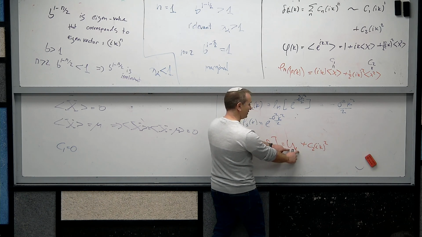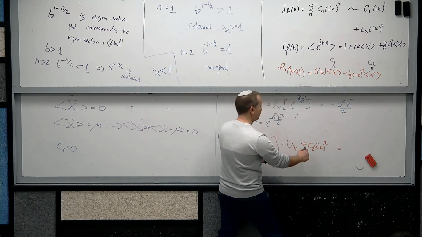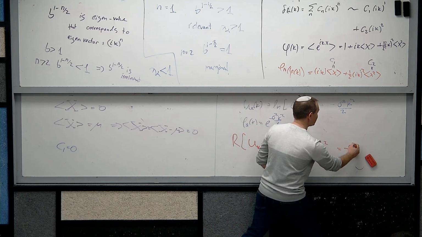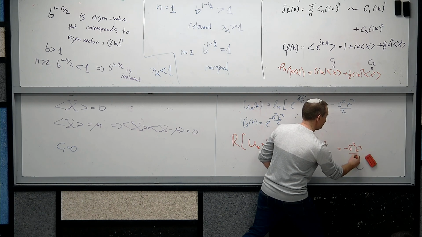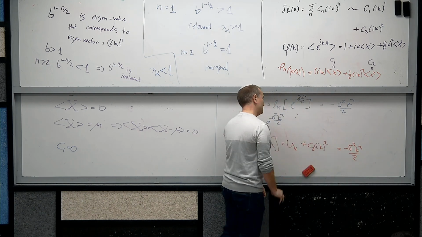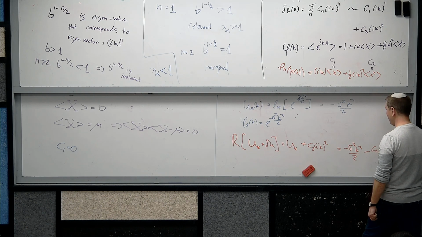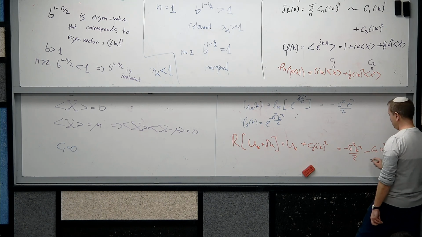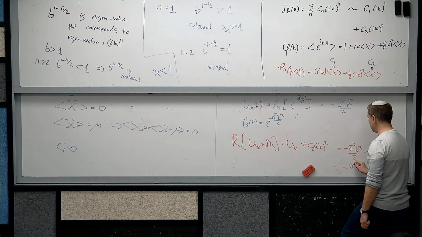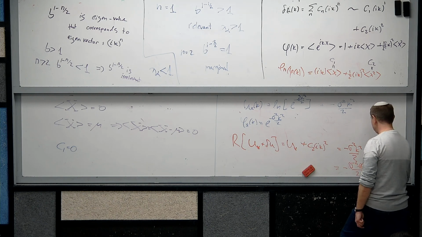Now u star is minus sigma squared k squared divided by 2, and this guy is minus C2 k squared. So we simply obtain minus sigma squared plus 2 C2, divided by 2, times k squared.